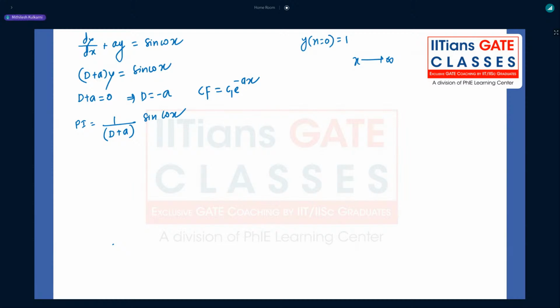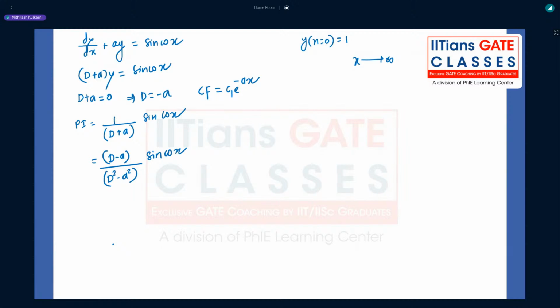So I have to multiply and divide this with D minus a, in order to get the D square term in the denominator. So D minus a we will get in the numerator, and D square minus a square in the denominator, and you have to operate this on sine of omega x.